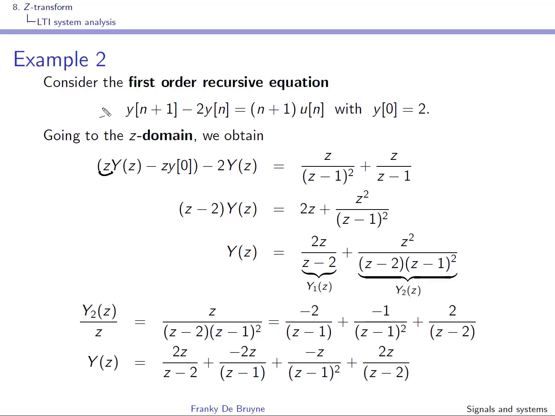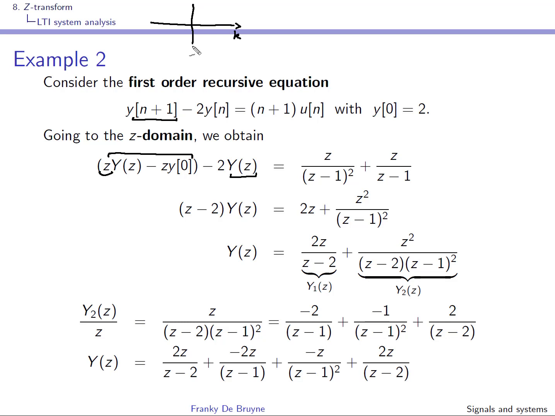Okay, so again we'll have to go to the z domain. So the z transform of y(n) is Y(z), and the z transform of y(n+1) is zY(z) minus zy(0). So again, this is something that you should be able to obtain at the time of the exam without learning it by heart.